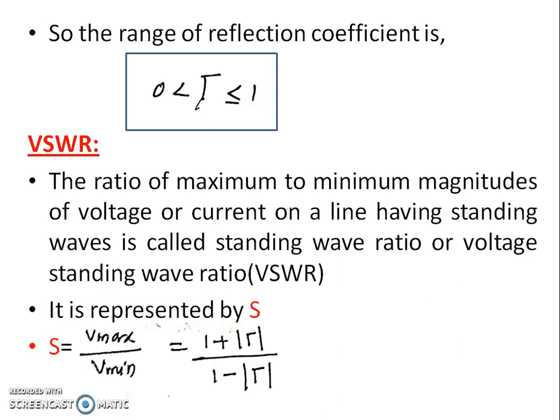So it is actually a ratio of the maximum to minimum magnitude of voltage, that is Vmax divided by Vmin. VSWR is represented by the letter S, and S is equal to Vmax divided by Vmin, which is equal to 1 plus the magnitude of gamma, the reflection coefficient, divided by 1 minus the magnitude of gamma.